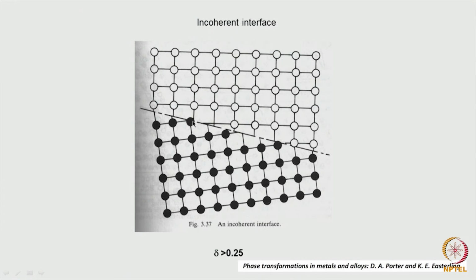The perfect lattice matching is maintained on either side of the crystal. Whatever lattice parameter is there, the same thing we will see right up to the interface, whereas in the case of coherency strain, the lattice parameter is changing because they want to maintain the continuity across the interface, correct?